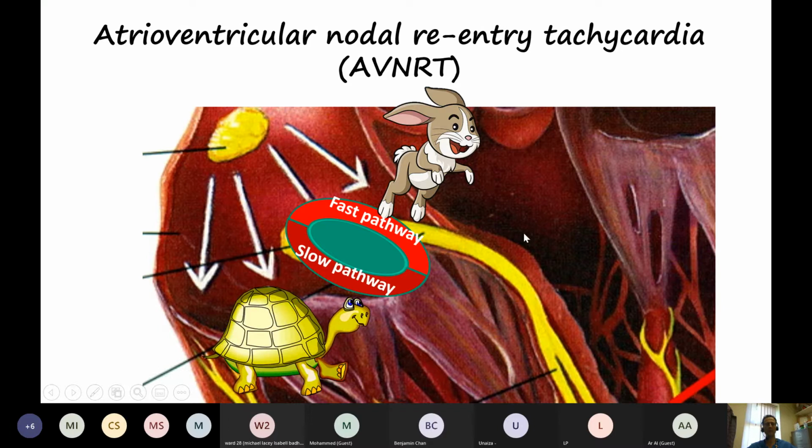And everybody knows the story of the tortoise and the hare, don't they? So the tortoise and the hare have a race, and the hare sets off confident and very fast and then has a nap. And the tortoise slowly trundles along and eventually wins the race because it doesn't stop for a rest. And if you have an AVNRT, it's because your AV node has got a hare fast pathway and a tortoise slow pathway.